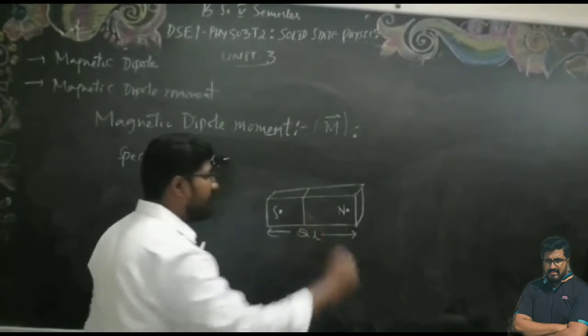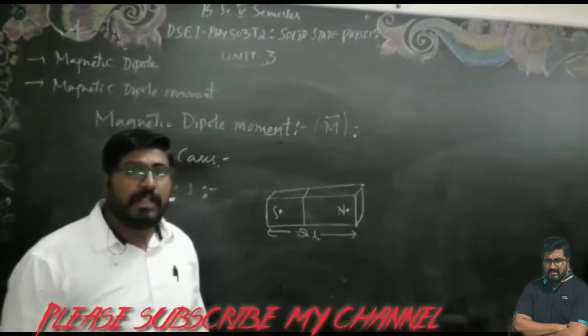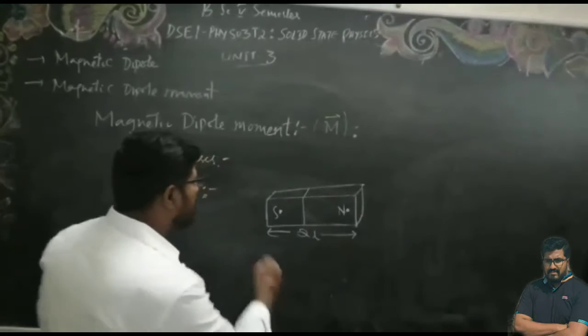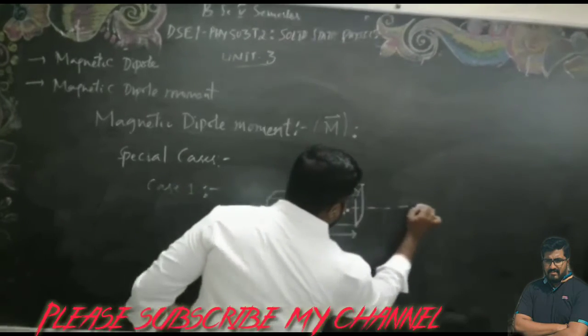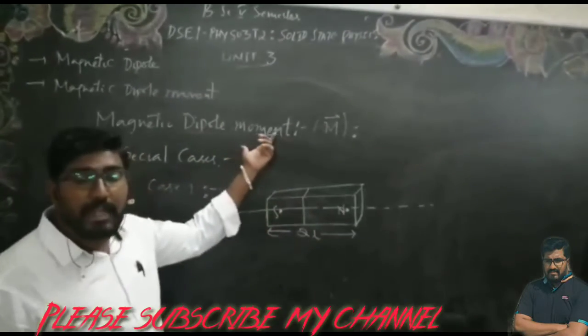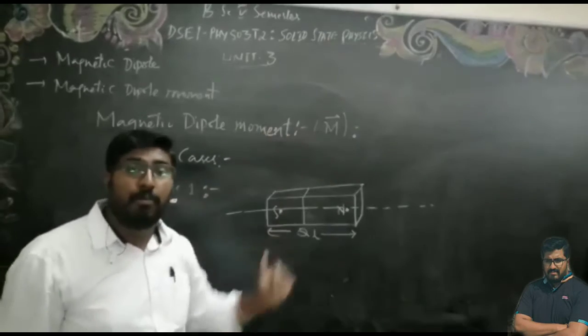In the case of this bar magnet, if I cut it horizontally, what happens to the magnetic dipole moment, or what happens to the pole strength?